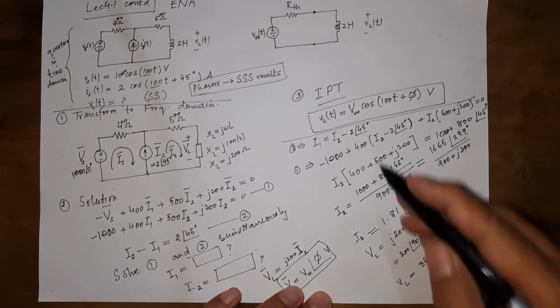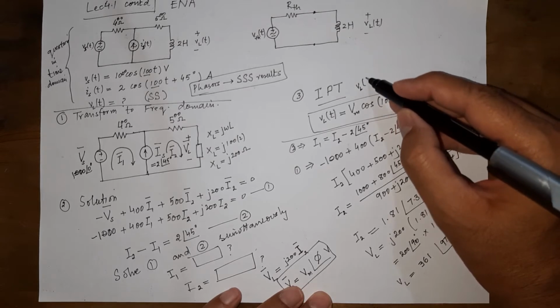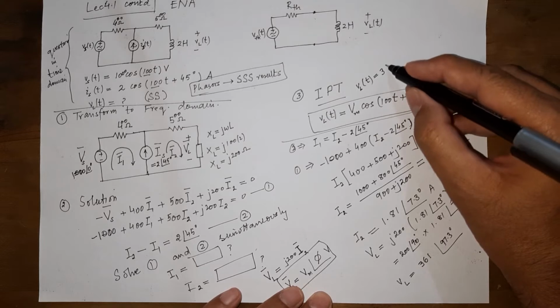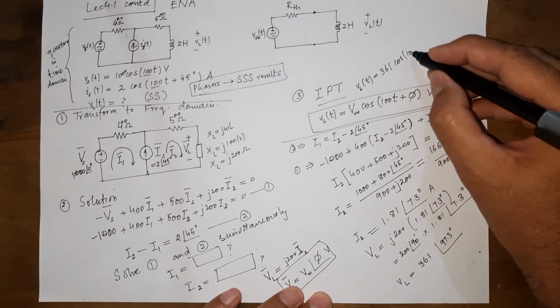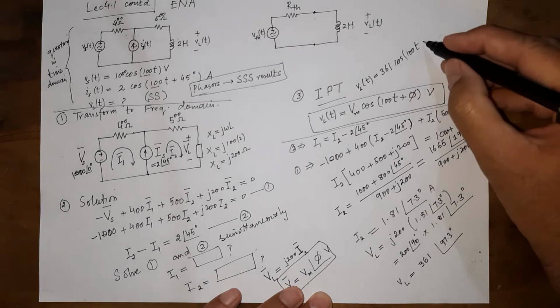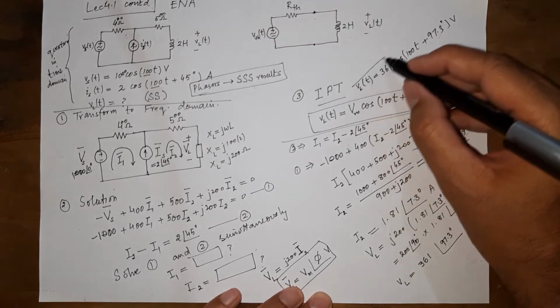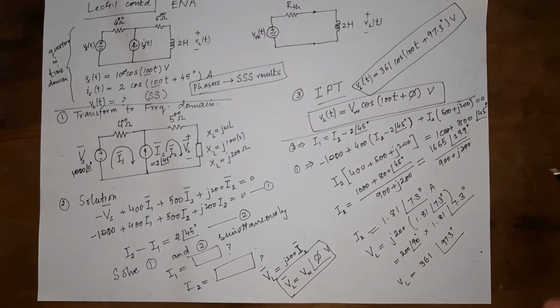Using the inverse phasor transform, VL(t) would be equal to Vm, which is 361, cosine of 100t plus 97.3 degrees volts. This is the answer we are looking for in this circuit.